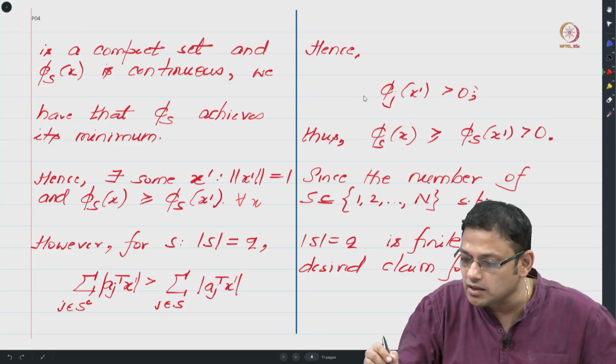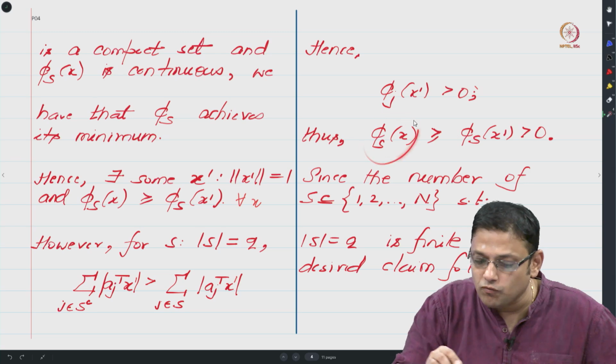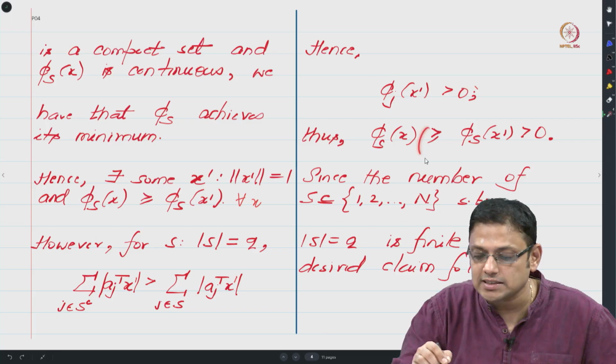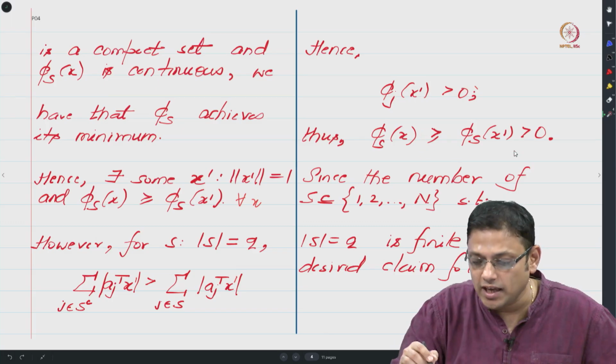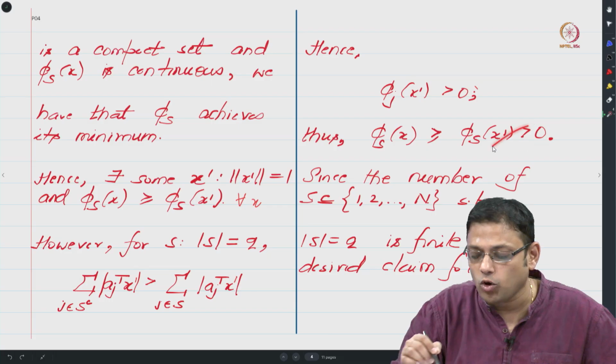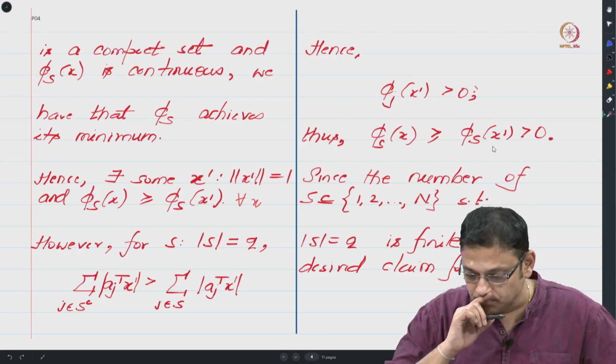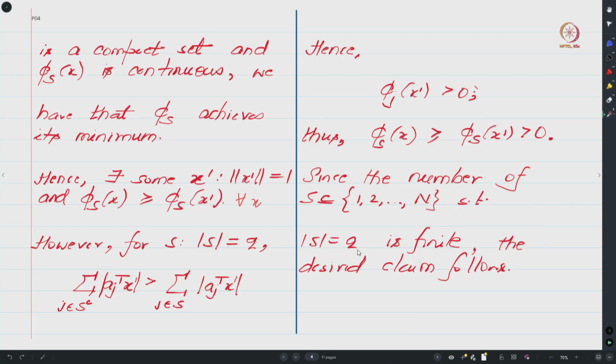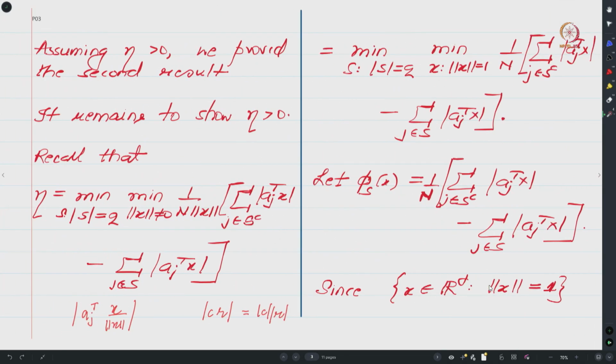Since it is strictly bigger than 0, for any x satisfying norm of x equals 1, phi_S of x is bigger than or equal to phi_S of x prime, and this quantity we have already shown is strictly bigger than 0. And since the number of S such that the cardinality of S is q is finite, and if you take the minimum of finitely many strictly positive numbers, then the minimum will also be greater than 0, one can indeed conclude that this eta is strictly bigger than 0.